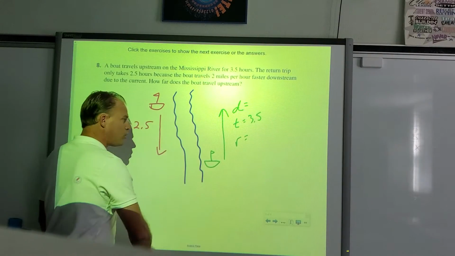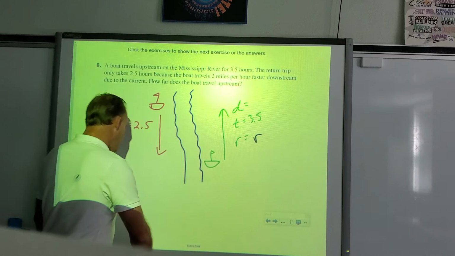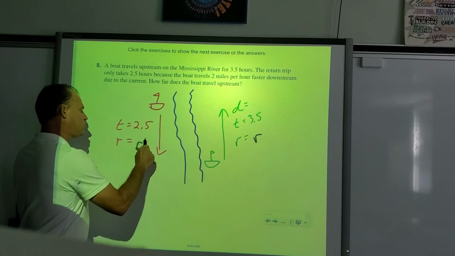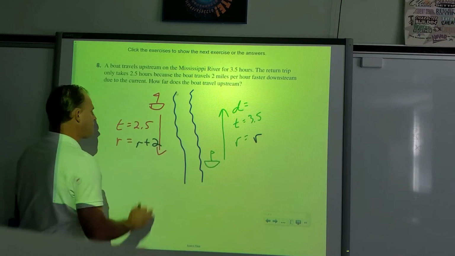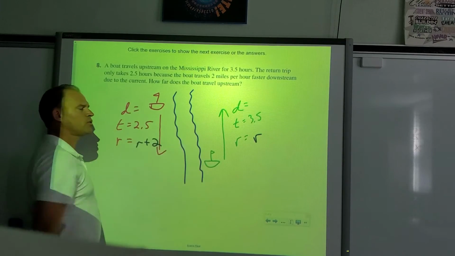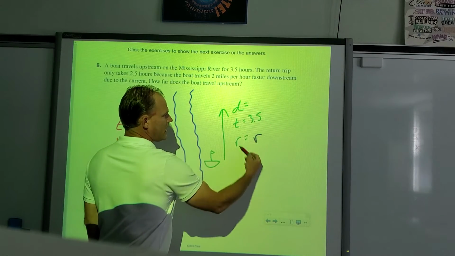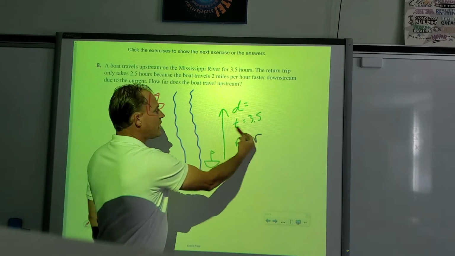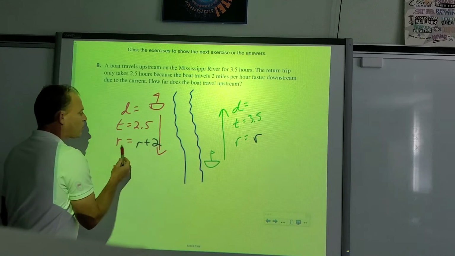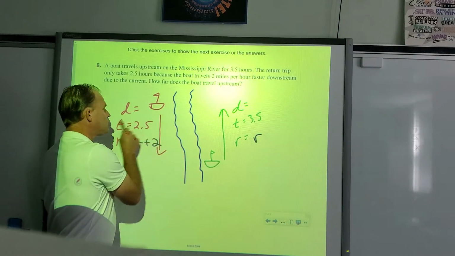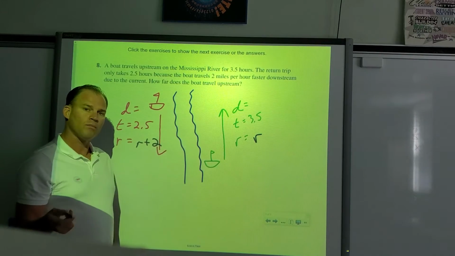That's unknown, so we're just going to call that R. But I know that the rate over here is 2 faster. Still don't know the distance. But I've got rate is my unknown, and time is 3.5. My rate is unknown, but it's 2 more than that one. My time is 2.5.